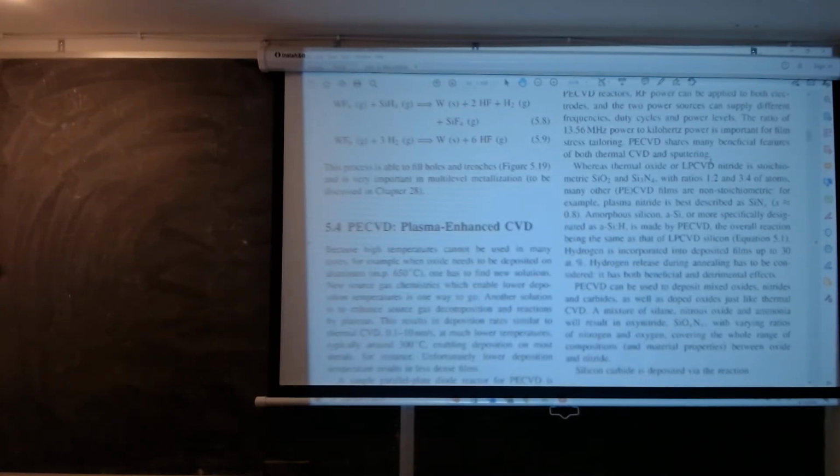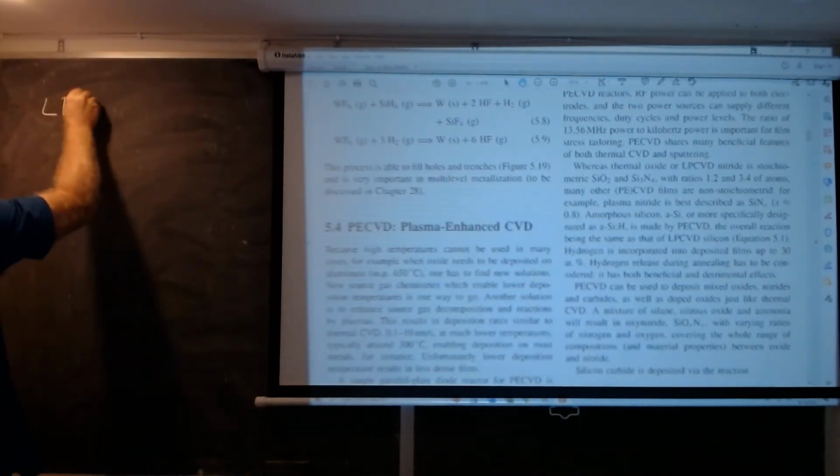They tend to give you different films in the sense that PECVD, because it's done in a plasma, you incorporate the material at non-stoichiometric ratios. Let me get back to the board here.